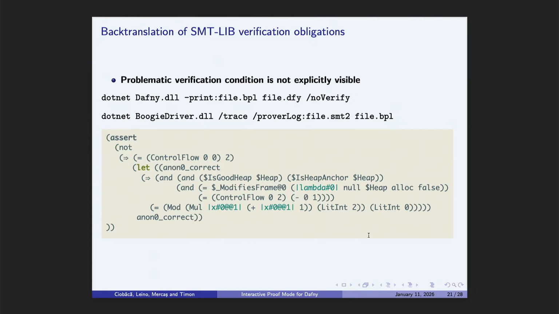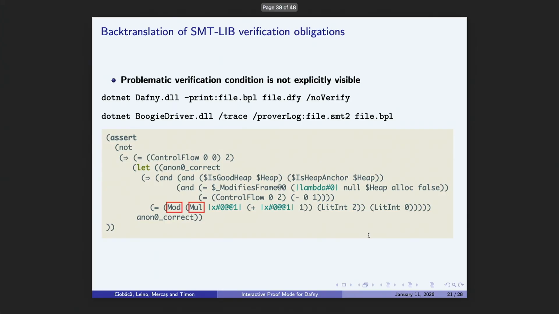So this is the verification condition that we see in SMT-lib for the lemma that I used as a running example. And you can see that it is polluted by this control flow construct, which is simply used by Boogie for reporting back some errors. And then here there are a bunch of annotations about the heap, which are not relevant to the current verification condition because there is no heap. And then finally, the core of the verification condition is here.